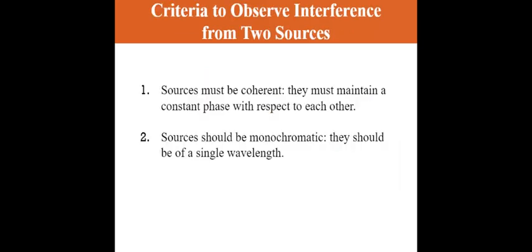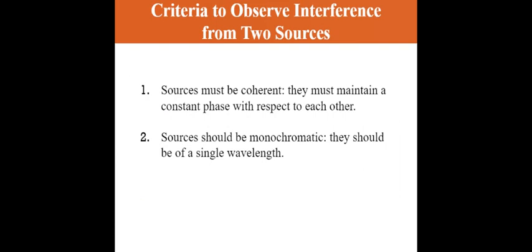Now, to do this experiment properly, like Young did, you need to make sure that the sources of light are coherent, so that the phase difference between each beam of light is constant over time. That means that if they're out of phase at a particular point, then they're always going to be out of phase at that point, or in phase at another point.